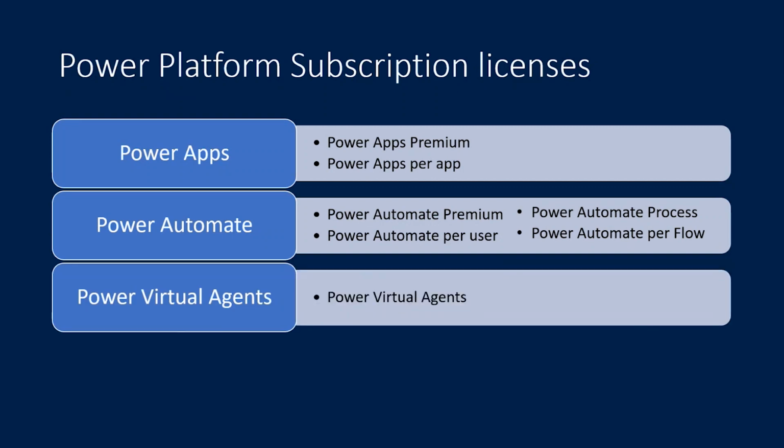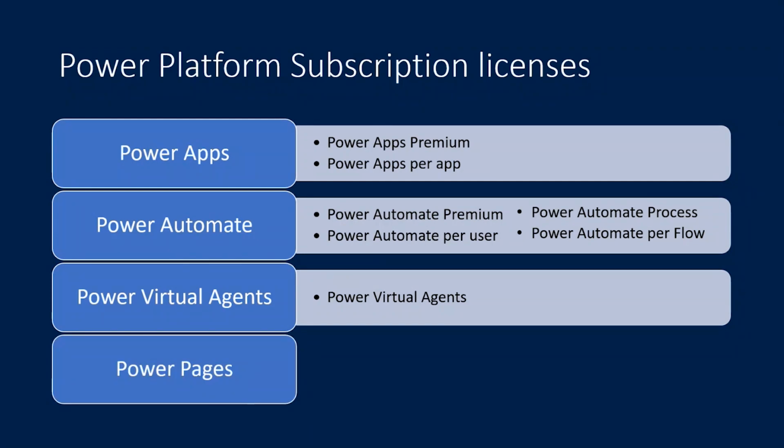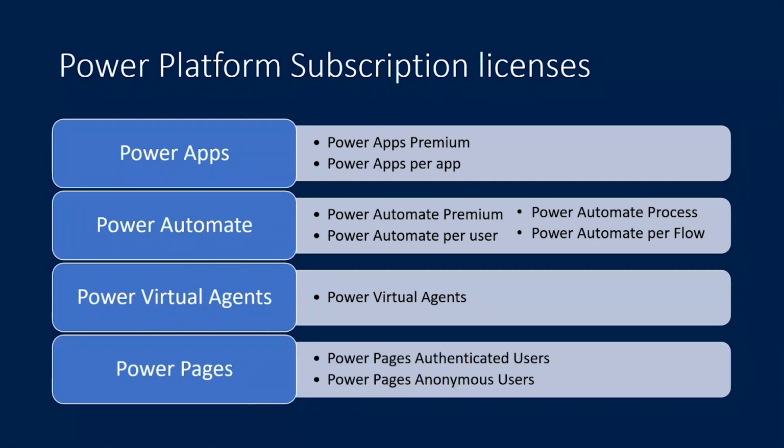Power Virtual Agents, there is a Power Virtual Agents license. And then for Power Pages, there are authenticated users and anonymous users. So these are the four main parts of Power Platform. There is also Power BI, but it kind of sits aside from Power Platform in terms of licensing these days. These are the four main ones.